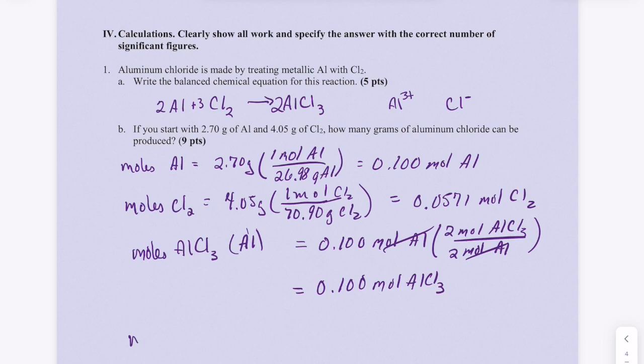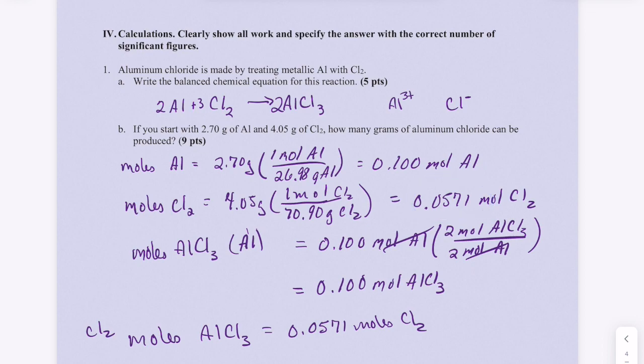So now let's do the same thing using chlorine. All right, and so here we got 0.0571 moles of chlorine. That's what we calculated.